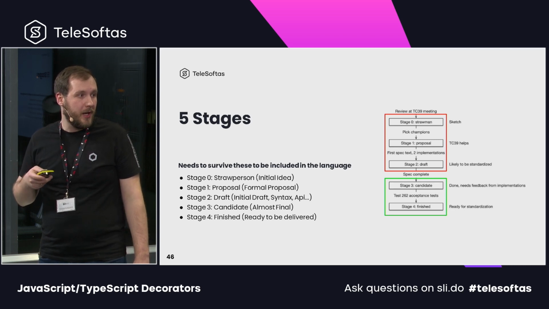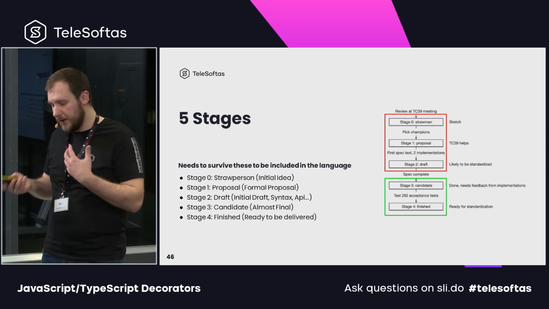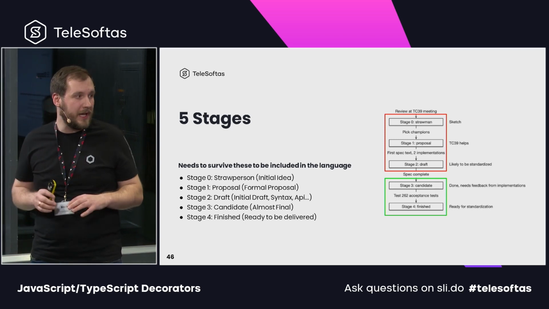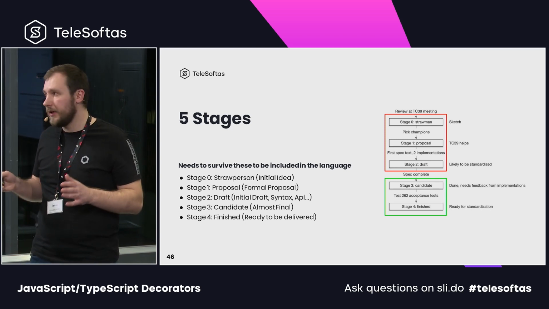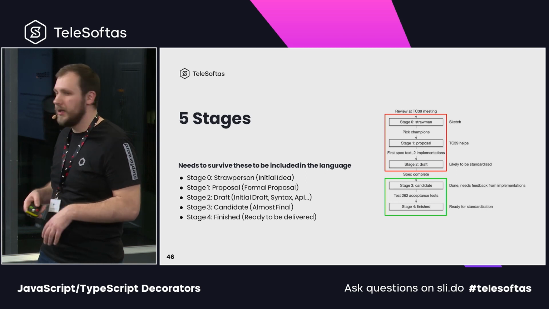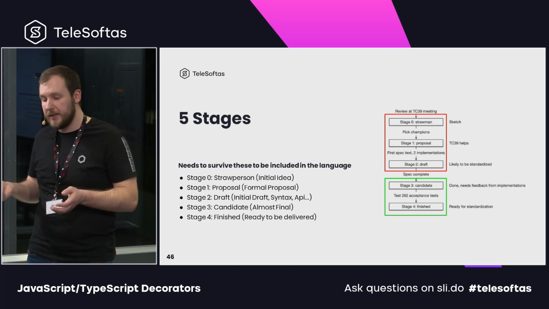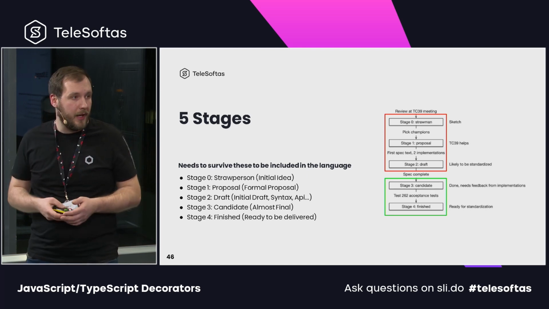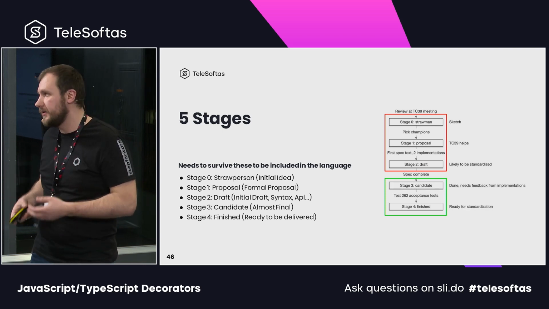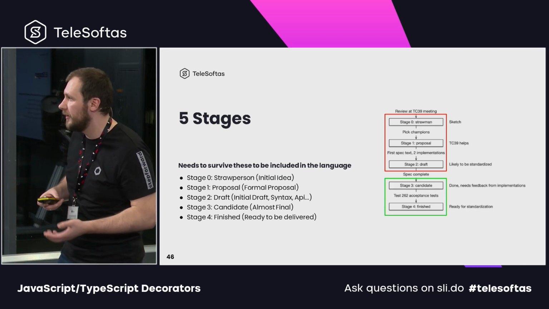draft stage. And after the testing and sort of a cool down time, if everything is working fine and there's nothing that needs to be added, it reaches stage 3, which is candidate, basically a release candidate. And at this point, it's safe to say that the feature is going to be released at some point in the future.